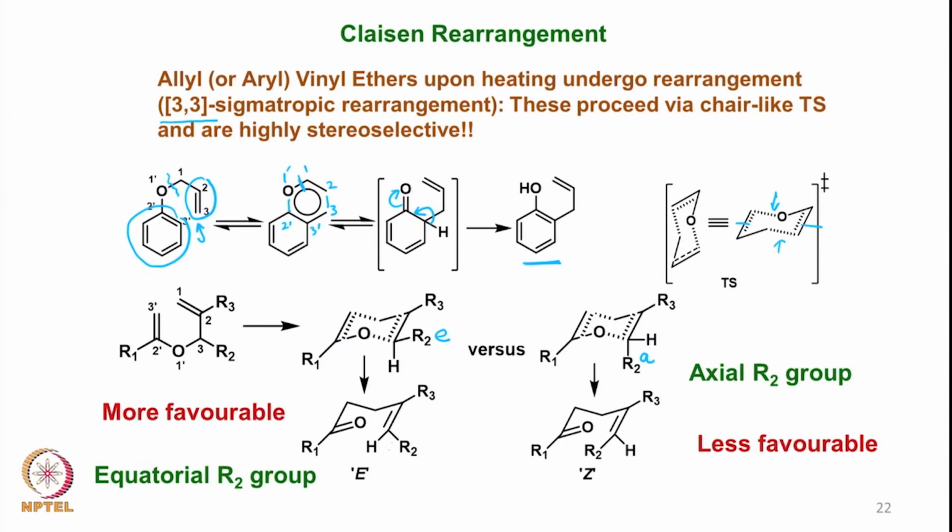So now if we look at this particular part, we can see that the transition state where the R2 group is equatorially oriented is definitely more favorable. So what we are referring to as the E geometry is R2 versus this particular group, and here it is R2 versus this.